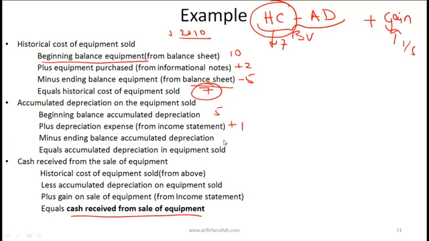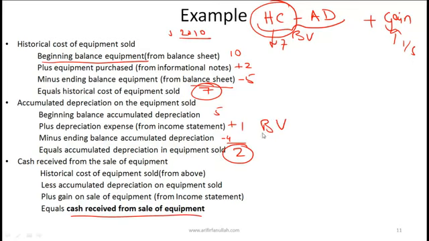Let's say that the ending balance is 4. So then how do we do this? So 5 plus 1 is 6, minus 4 gives us 2. So accumulated depreciation on the equipment sold is 2.